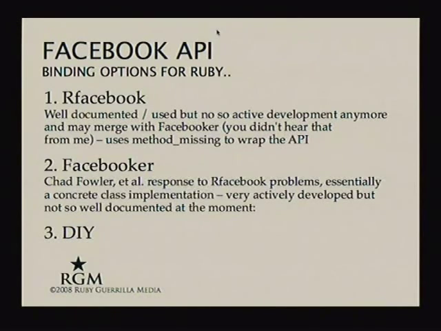Then Facebooker came along, which was Chad Fowler. You probably know. It was basically started in response to an assortment of RFacebook problems that he had. And it's essentially both a concrete class implementation. So there's an actual object model, really well thought out. It's very, very academic compared to RFacebook. It's very actively developed as well.